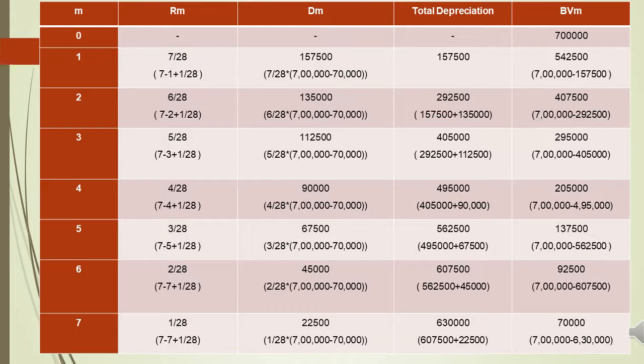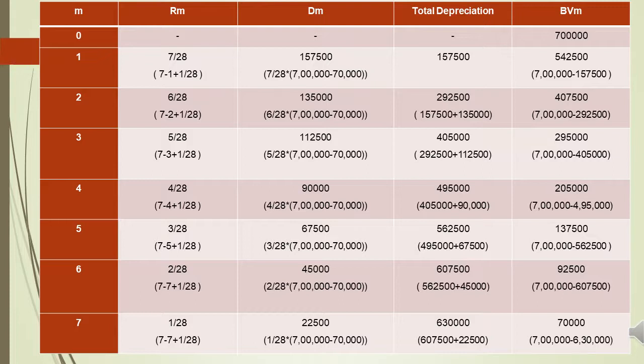In the question they have given n as 7 years, so I am going to write 0, 1, 2, 3, 4, 5, 6, 7 in the year column, that is the M column. Next is RM, then after that DM, total depreciation, and BVM.